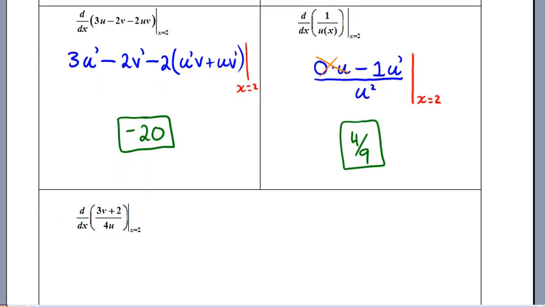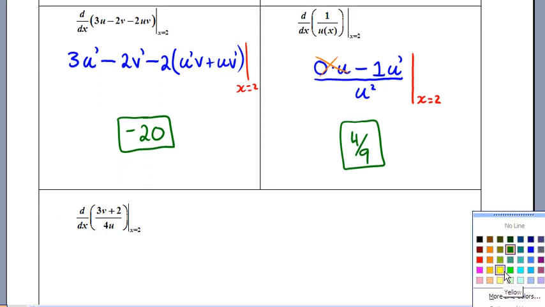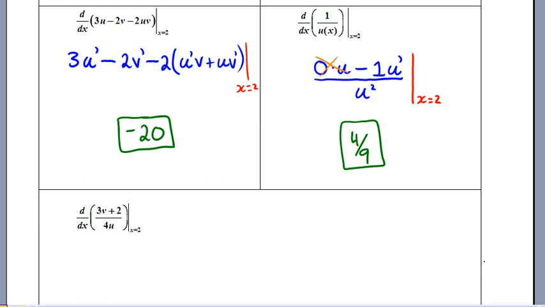Okay, it looks like a quotient to me, right? So yeah, I'm being tested to see whether I know the quotient rule. Derivative of the top, no, that's a sum and difference. I'm going to do them separately. So I would have 3 v prime, and then derivative of 2 is 0. Oh, okay, done. So there's the derivative of the top, times the bottom, for u, I'll just put the brackets on for emphasis, minus, leave the top, 3v plus 2 times the derivative of the bottom.